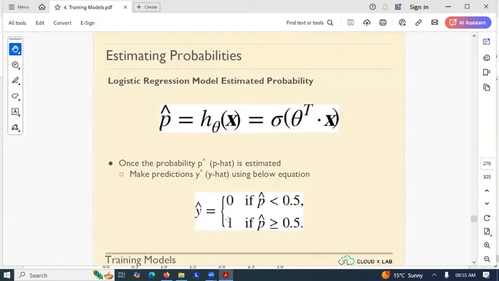But you can also put the equal sign on the other side. If you get probability 0.5, you can always go with 0, or you can do the selection randomly. So it depends on how you are designing this classifier. If you design it this way, then in case of a tie, we will always go with the positive class.